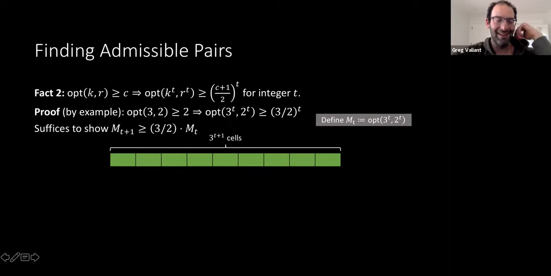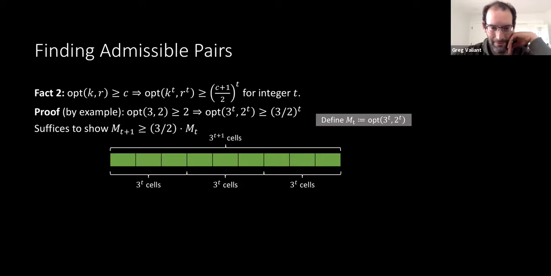It's such a simple setting that you can argue about that. So I claim that this shows that given 3 to the t squares and 2 to the t rounds, you can ensure that there will be 3 halves to the t arrows at the end. And the picture is as you imagine.